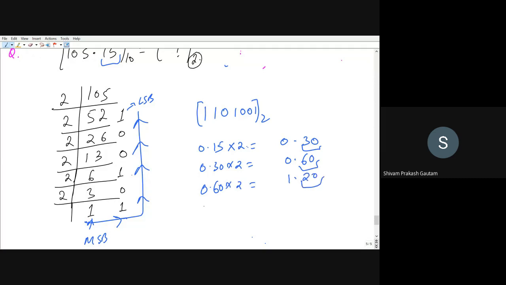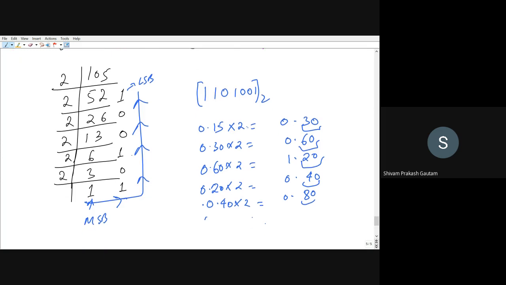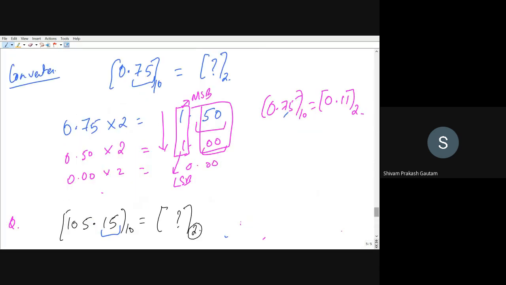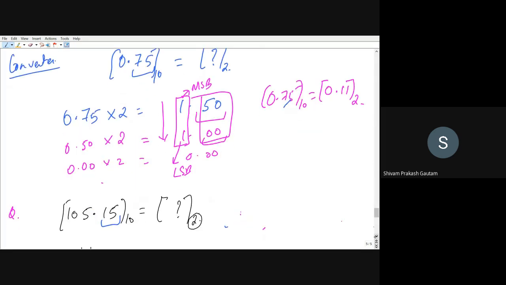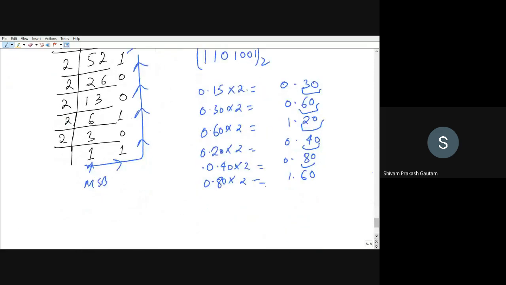So 0.20 multiplied by 2 will be equal to 0.40. 0.40 multiplied by 2 will be equal to 0.80. And 0.80 multiplied by 2 will be equal to 1.60. Now you can stop, because this is your most significant bit in this case.